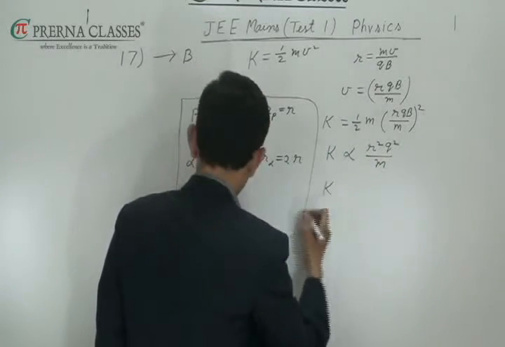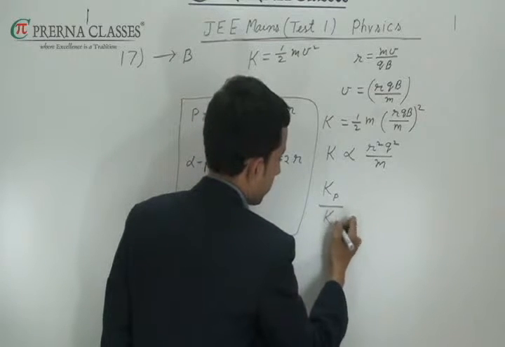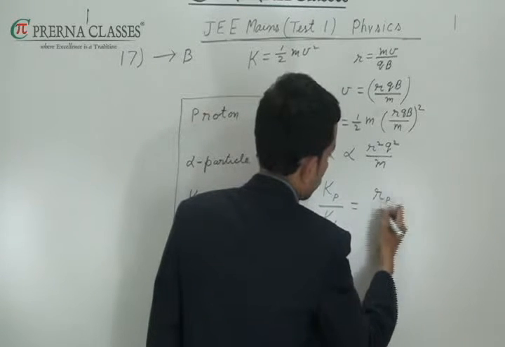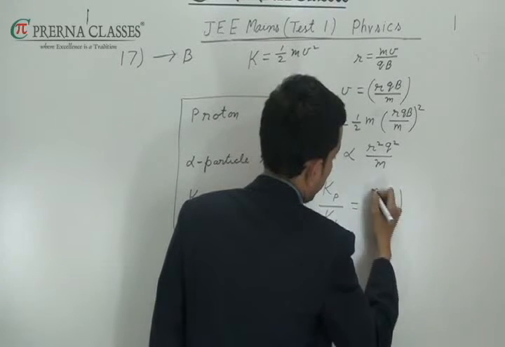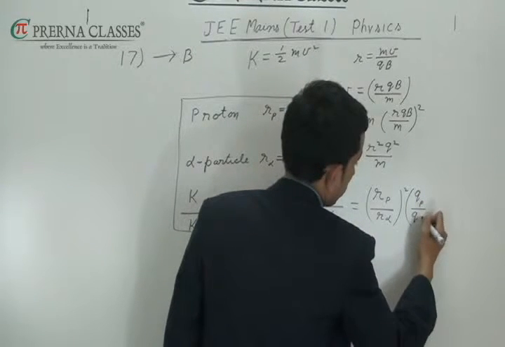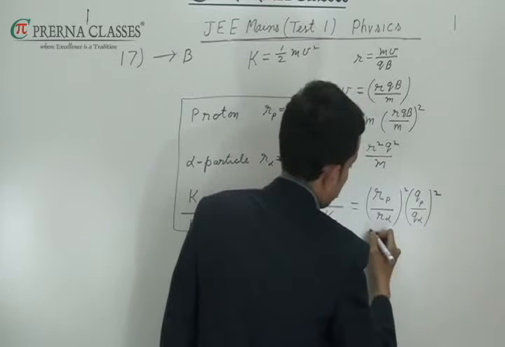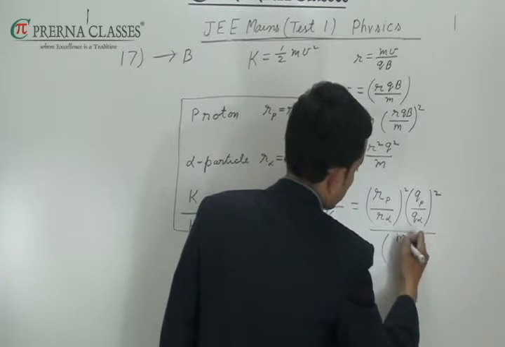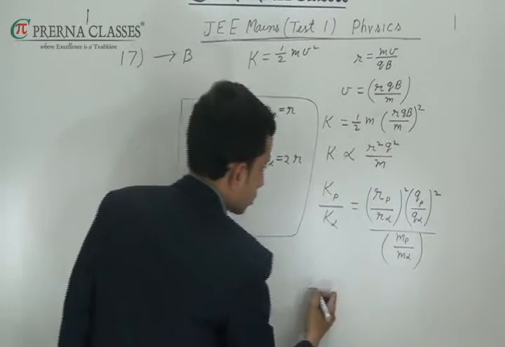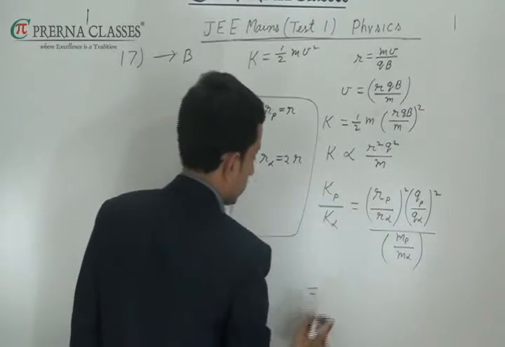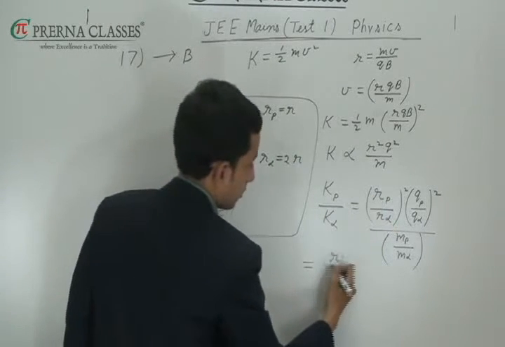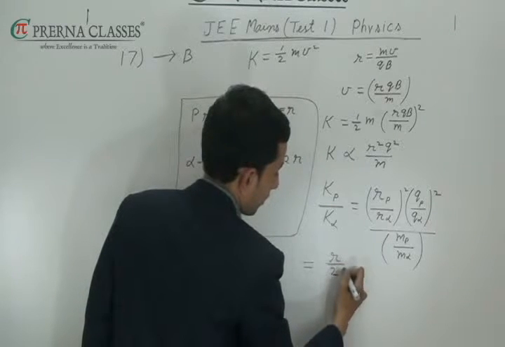Now for the proton and alpha particle, we will write r for proton and r for alpha particle square, charge for proton and charge for alpha particle square, divided by mass of proton and mass of alpha particle. So the radius for proton is r and for alpha particle is 2r.